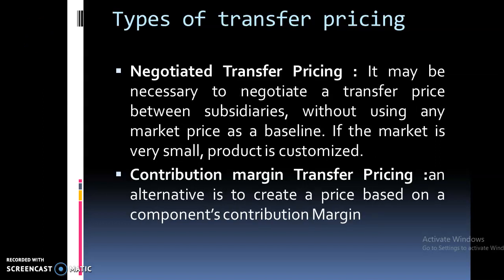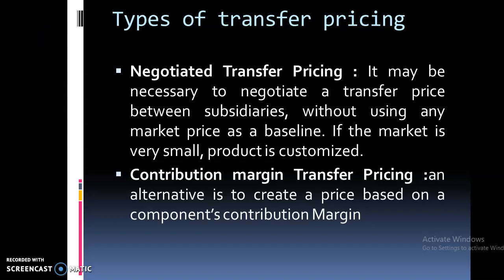The third one is negotiated transfer pricing. Usually the subsidiary units discuss and negotiate between each other, and fix and finalize a price known as the negotiated transfer price. This would be the baseline price for transferring goods from subsidiary to subsidiary, or subsidiary to the parent, and all the transactions between these units will take place at this price.